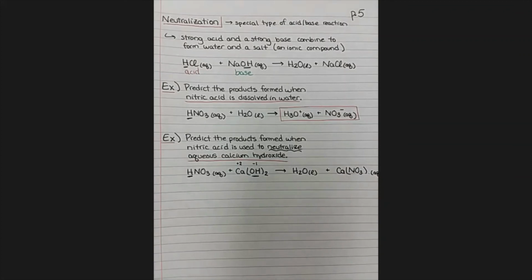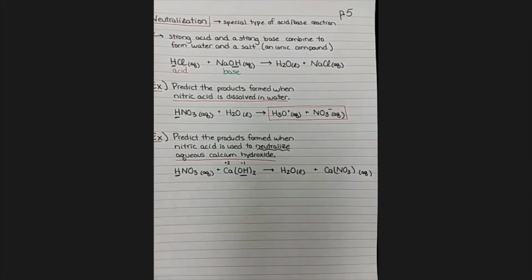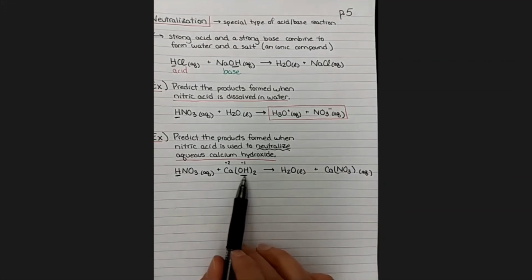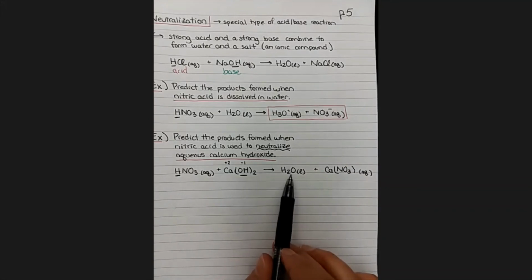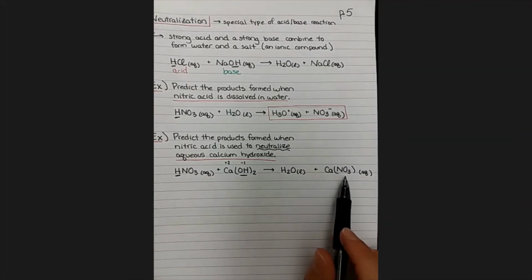There we are. And don't forget, even though this isn't a molecular equation, we still need to make sure that it is balanced. You can see that there are 2 hydroxide groups here, and there's only 1 OH that went into the water. And I also haven't made this compound correctly.